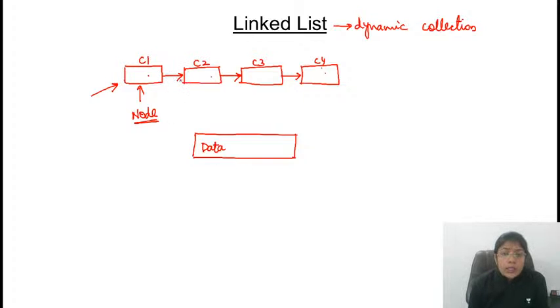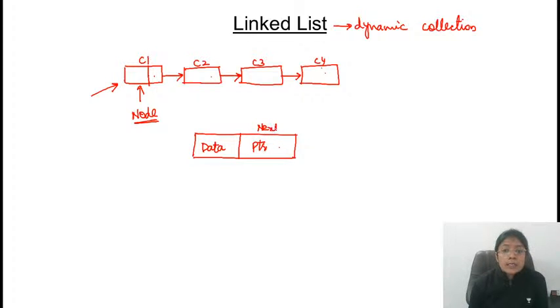What about this pointer? In memory there are no such arrows, right? So this means that coach 1 is linked with coach 2, meaning there is some pointer that will be pointing to the next node. Now children, you can take any name here. You can take this as pointer or next or link, anything.